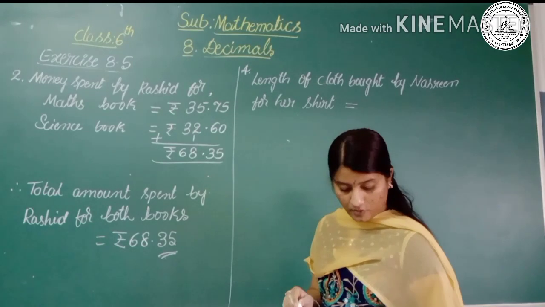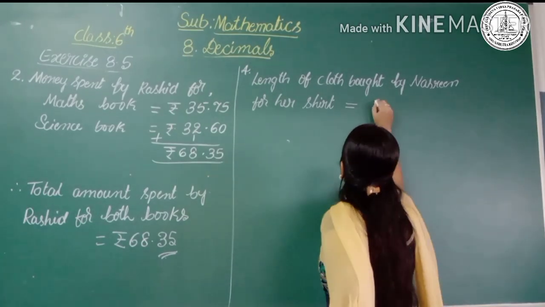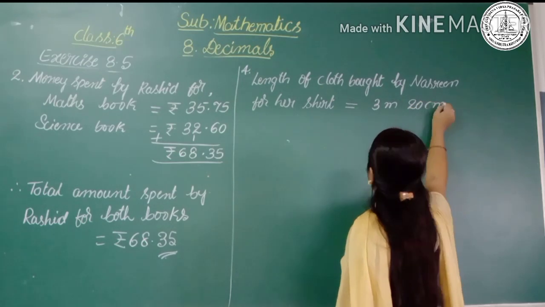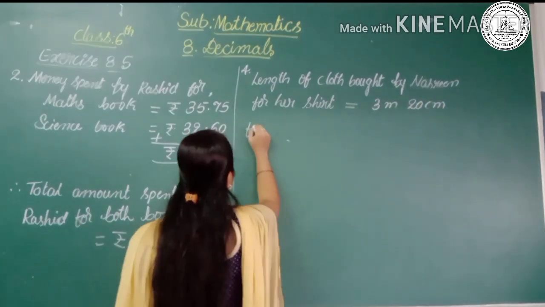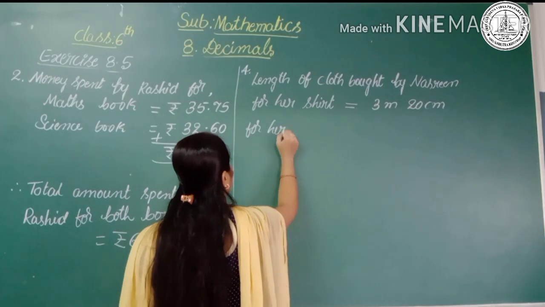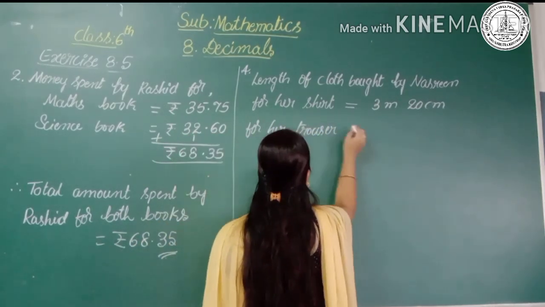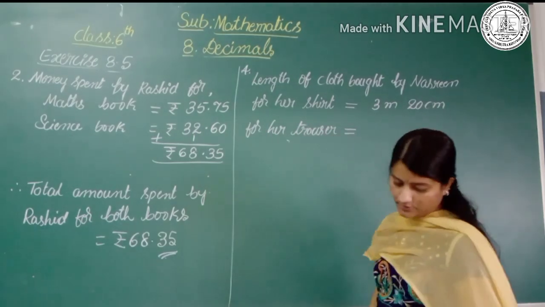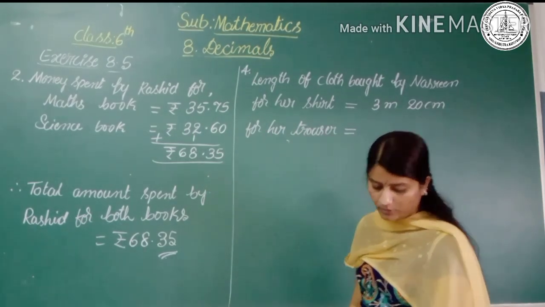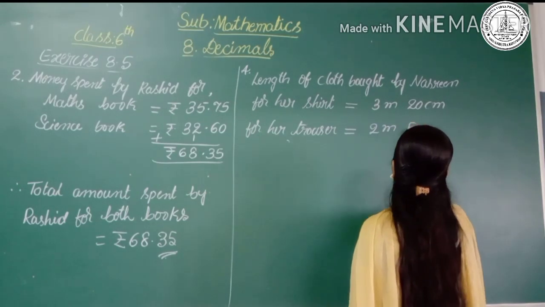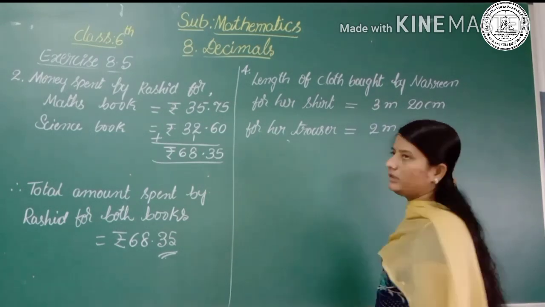That is for her shirt she bought 3 meter 20 centimeter. Okay. Then for her trouser, which is equals to how much she bought? She bought 2 meter 5 centimeter. 2 meter 5 centimeter. Okay.